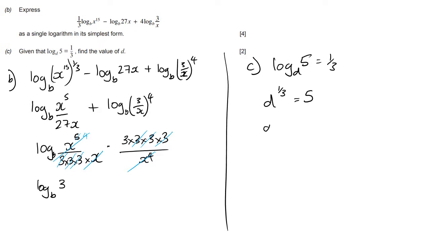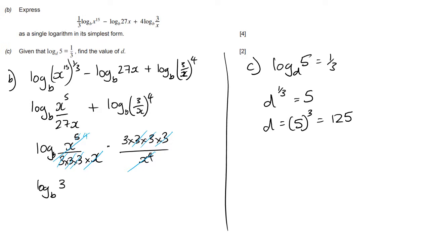And then you would say that d equals 5 cubed, which is 125. So log to the base 125 of 5 is equal to 1/3, which makes sense, because 125 to the power of a third, so its third root, is equal to 5.